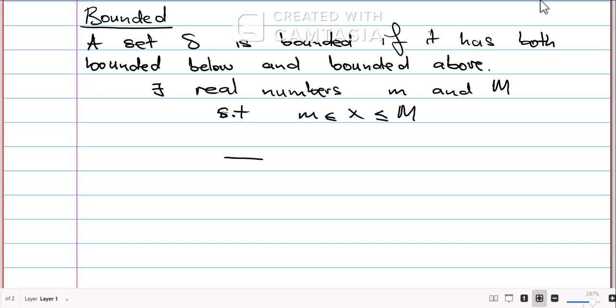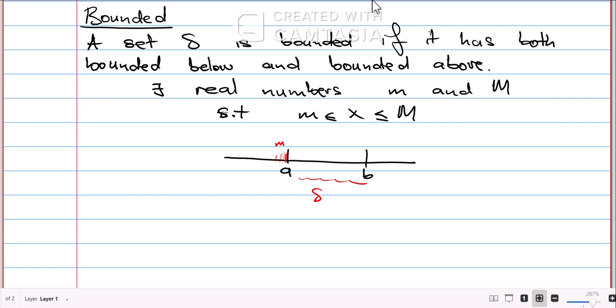Okay, so this is our set S. These are the values of x. Okay, all the values of x here. Now there exists a number which is small letter m. Let me not write x.